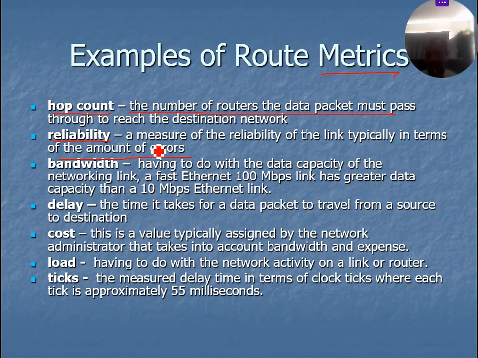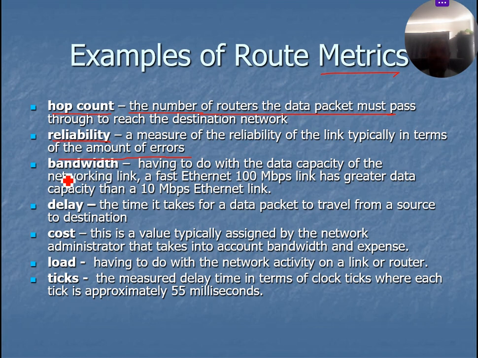What is the average amount of time that a data packet, or the routing table broadcast along the entire network, gets to its destination without errors and without failure? That's what we mean by reliability.